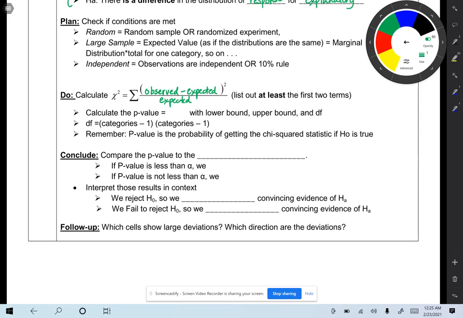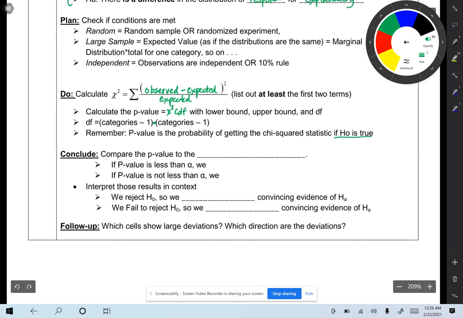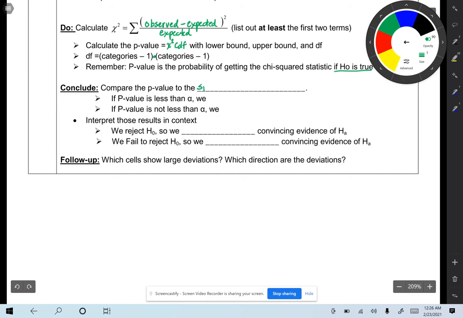Then you calculate the p-value using the chi-squared CDF with lower bound, upper bound, and degrees of freedom. Remember, degrees of freedom, categories minus 1 times categories minus 1. Remember, the p-value is the probability of getting the chi-squared statistic if the null hypothesis is true. You compare the p-value to the significance level. If the p-value is less than alpha, we reject the null hypothesis.